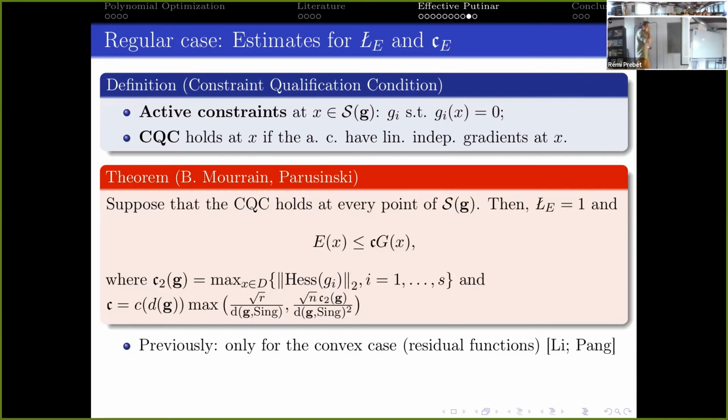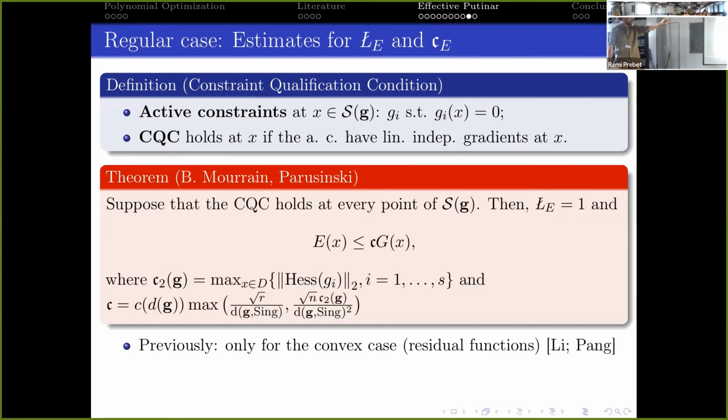And we discovered just recently that this was already known in the convex case, and you can find it in the survey of Pang in '97, and it is a result of Li in '84. And this is due to, again, the theory of residual functions that I was not aware of until one month ago.